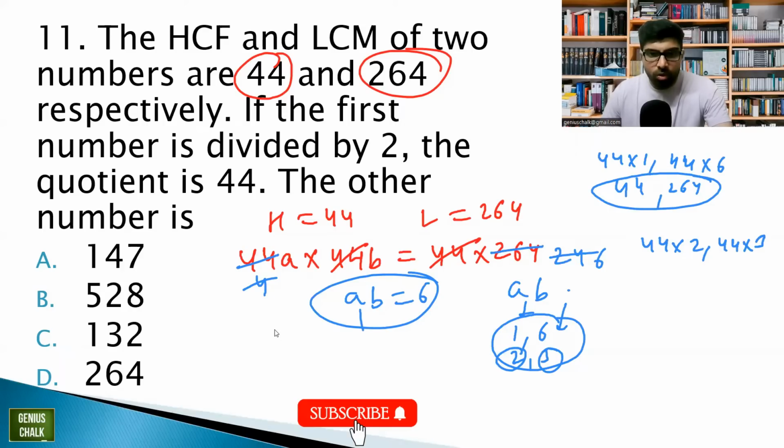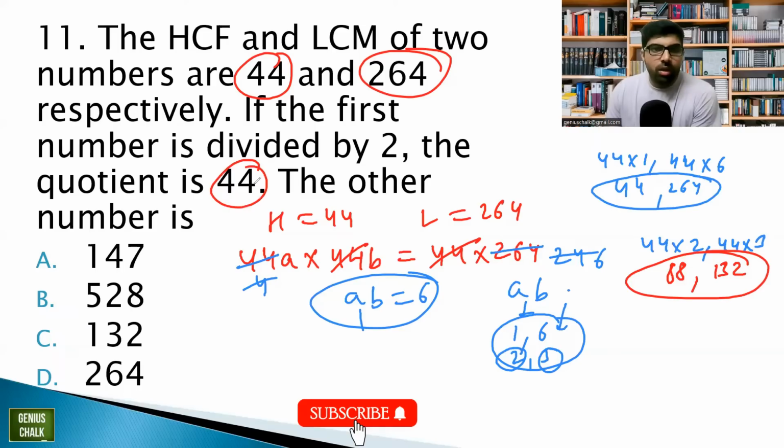So 44 into 2 is 88, another is 132. Okay, now it's given that the quotient is 44. The other number is what? So only one option, 44 and 264, is there.